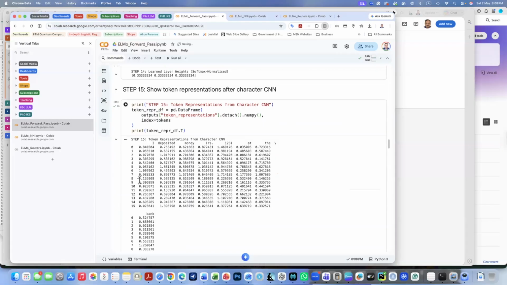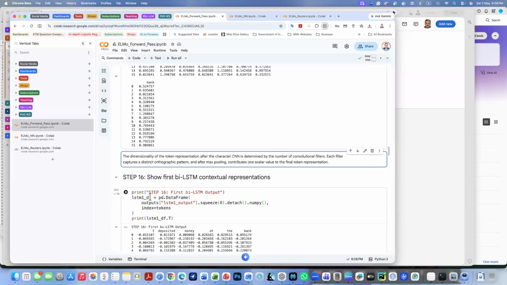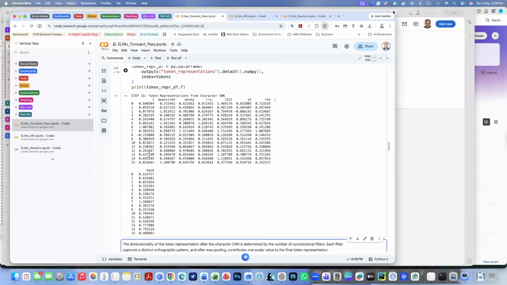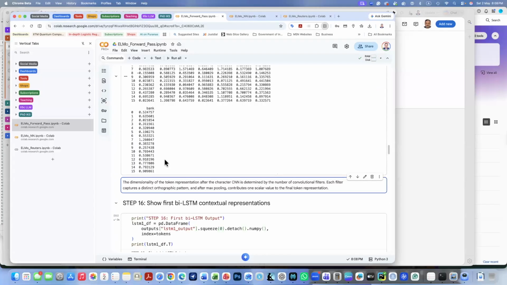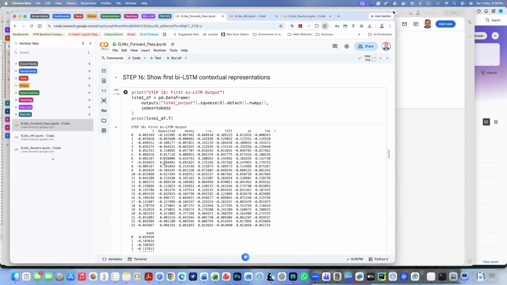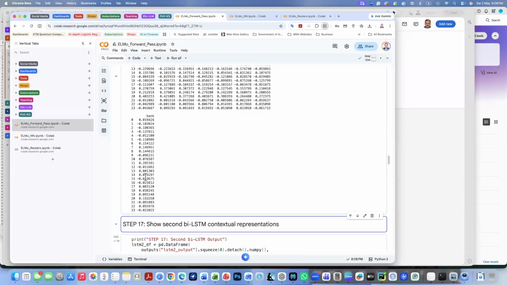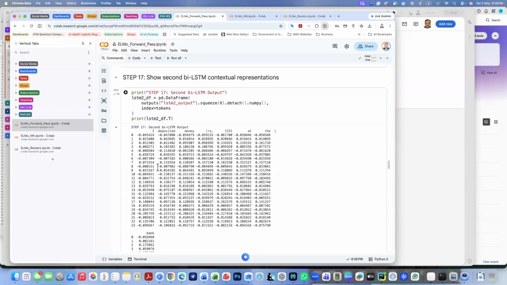The token representation is 16 here, after the CNN with 16 filters, and then I go to LSTM1. It will give you 24, and this becomes the output, and the final LSTM also will return 24.